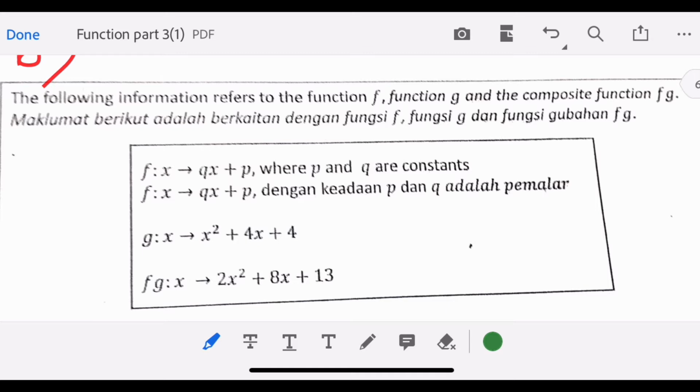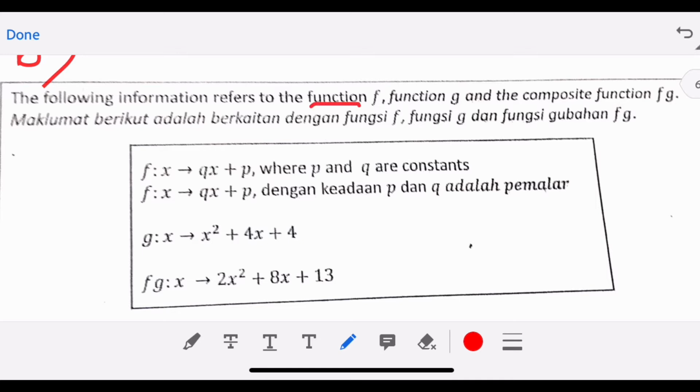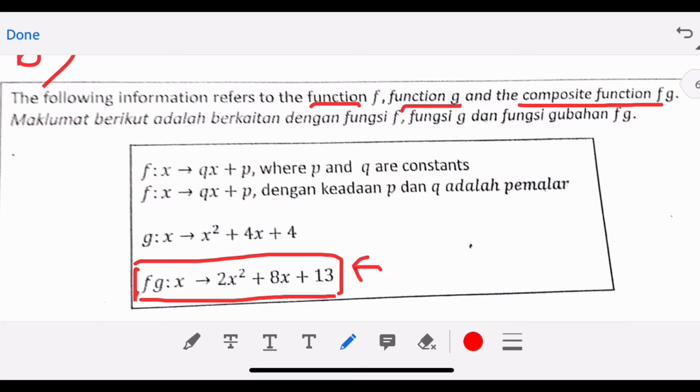So the following information refers to the function f, function g, and composite function fg. For those of you who are still not sure how to do composite function, please wake up and listen. You're given fg(x), right? Now you actually don't start from this one.